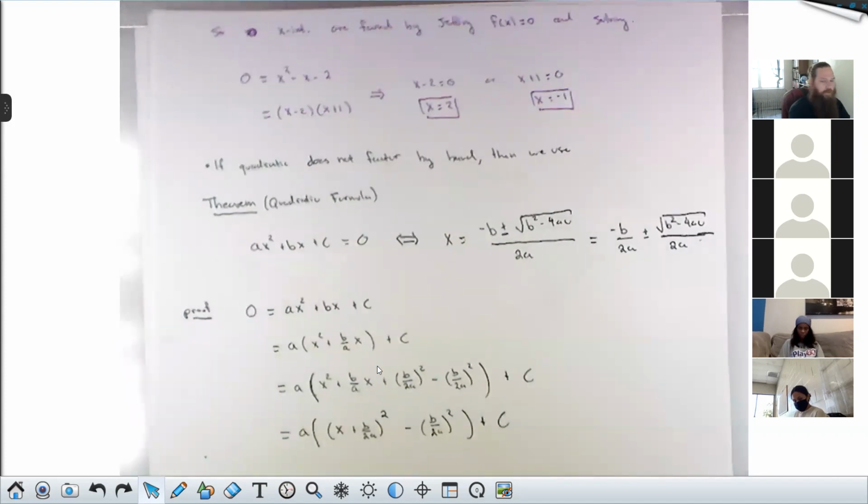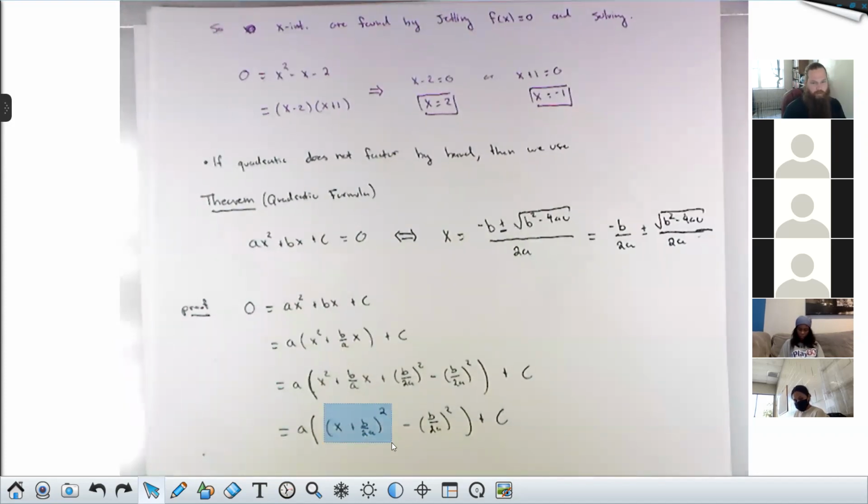You can check. If you were to FOIL this out, your first would be x times x, which is x squared. Your outers would be b over 2a times x and x times b over 2a. If you add those up, you get b over a times x. And then your lasts, b over 2a times b over 2a is b over 2a all squared.